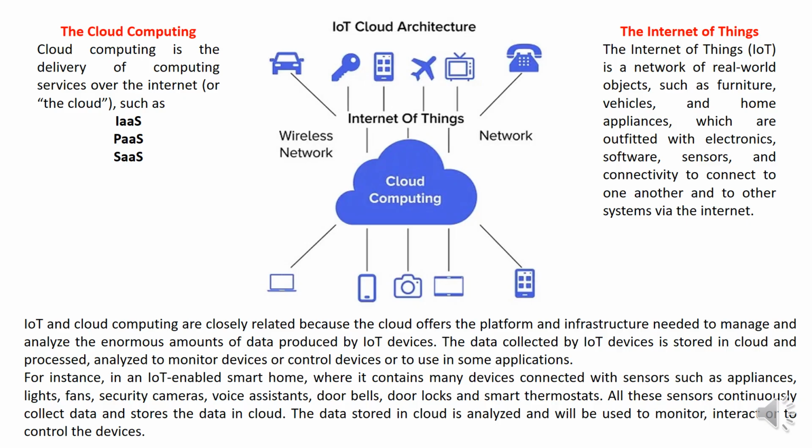For instance, in an IoT enabled smart home, which contains many devices connected with sensors such as appliances, lights, fans, security cameras, thermostats, doorbells, door locks, and voice assistants, all these sensors continuously collect data and store the data in the cloud. The data stored in the cloud is analyzed and processed and will be used to monitor or to control the devices or appliances.